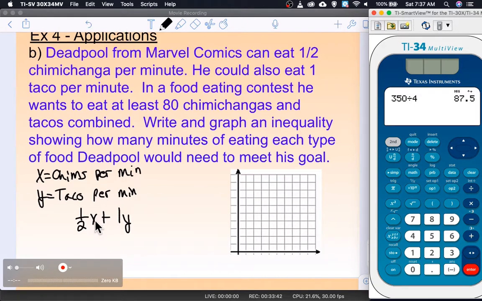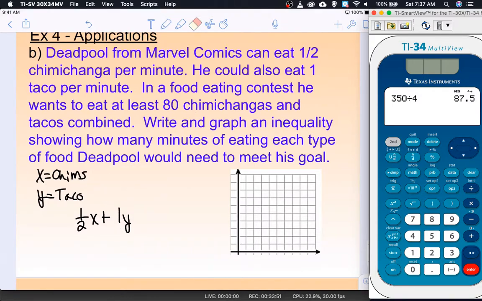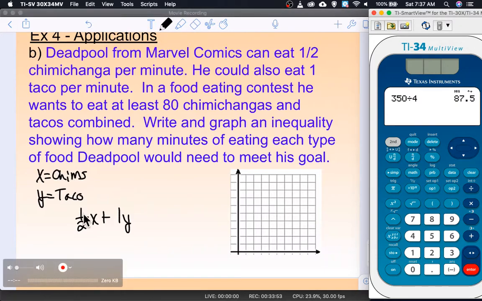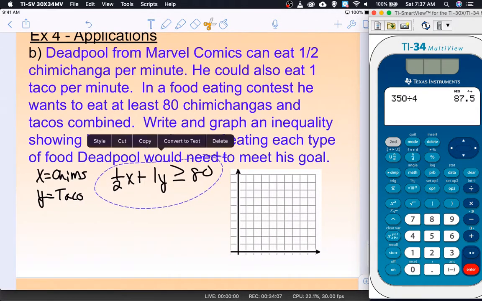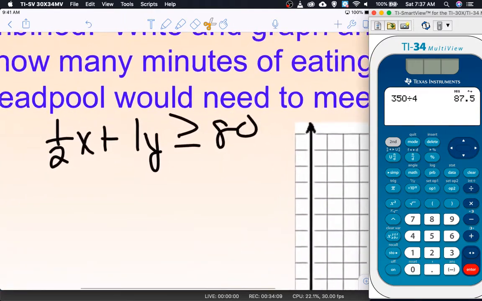He's half a chimichanga per minute. Actually, I guess this wouldn't be per minute. This would just be chimichangas and tacos. Because then half of a chimichanga per minute, half of a taco per minute, and then in a food eating contest, he wants to eat at least 80. So greater than or equal to 80. So there is our equation.